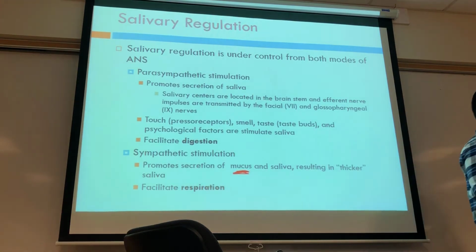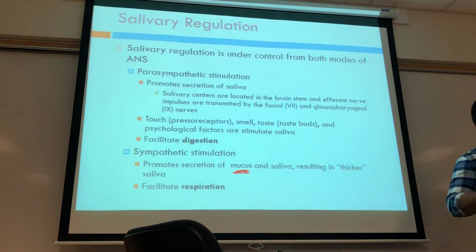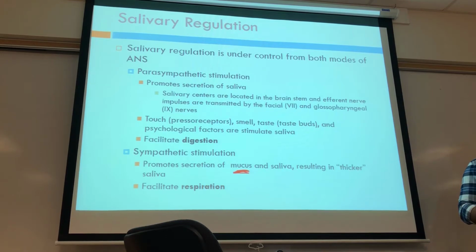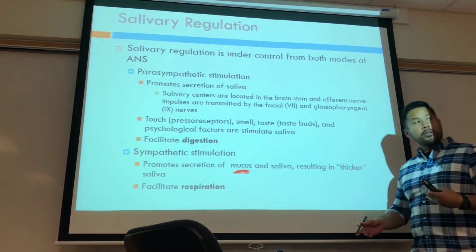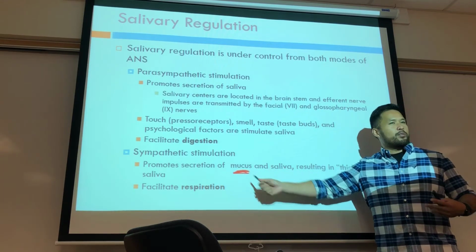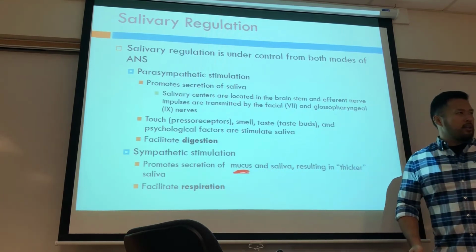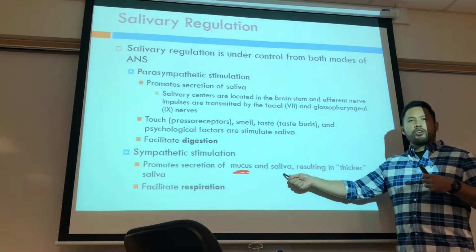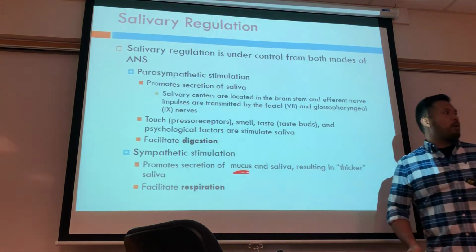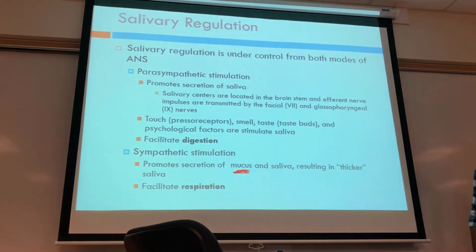If you've ever had an absolute fright, all of a sudden your lips get dry, your mouth gets dry. Technically, you're still producing saliva, but it's much more mucus, which gives you the feeling that your mouth is dry, when in essence you're producing something that absorbs that water, and that would be your mucus.